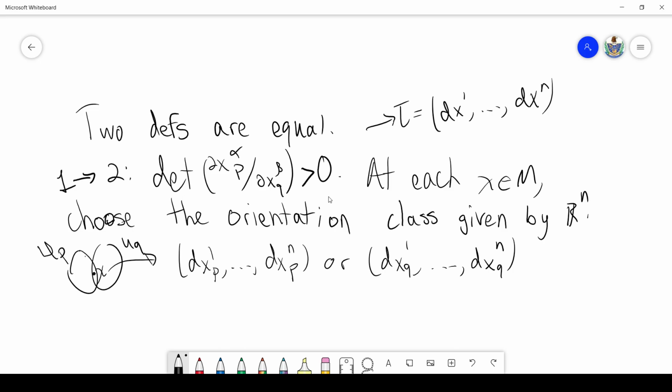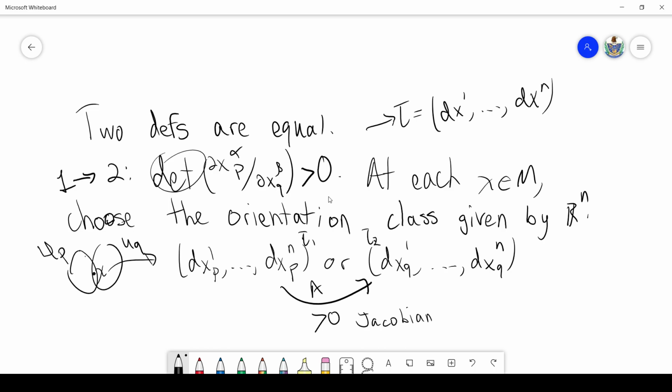But in either case, since we know that the transformation between xp and xq is positive, there's a positive Jacobian, then this Jacobian is just going to be the A that transforms this frame into this frame.